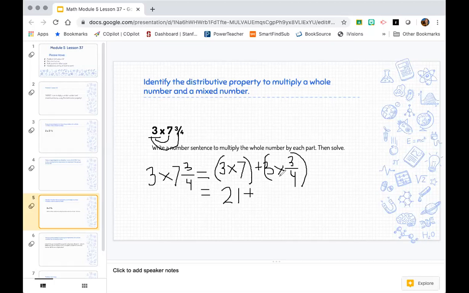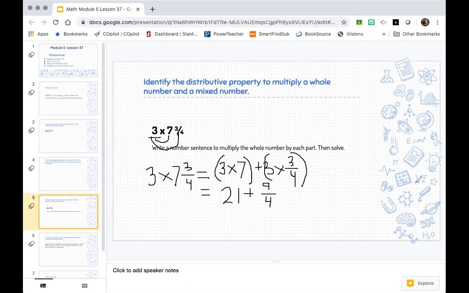21 plus. Okay. So now we have 21 plus, and now we need to multiply 3. Again, we don't multiply the 3 to the denominator. It's only to the numerator. So 3 times 3 is 9/4. Okay, so I just put this together, right?